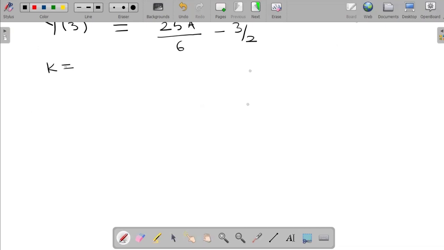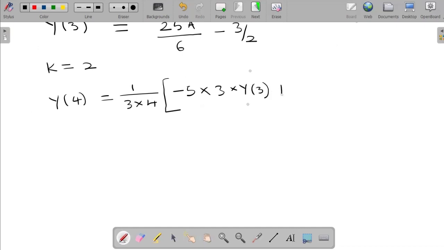When k is 2, that will be y of 4 equal to 1 over 3 times 4, brackets open, 5 times 3 times y of 3 plus Kronecker delta 2, 0, plus 1 over 2 factorial.